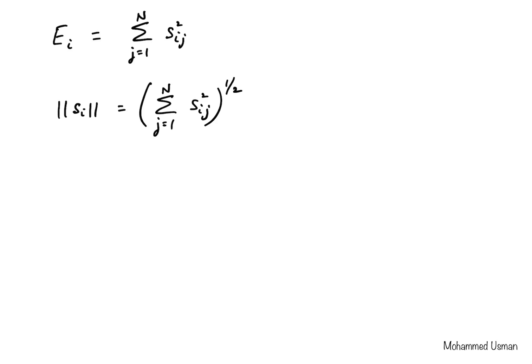Okay, it was under the root, so it's power half. So comparing these two equations, we can now say that the energy Ei is equal to the square of the norm of Si. Okay.